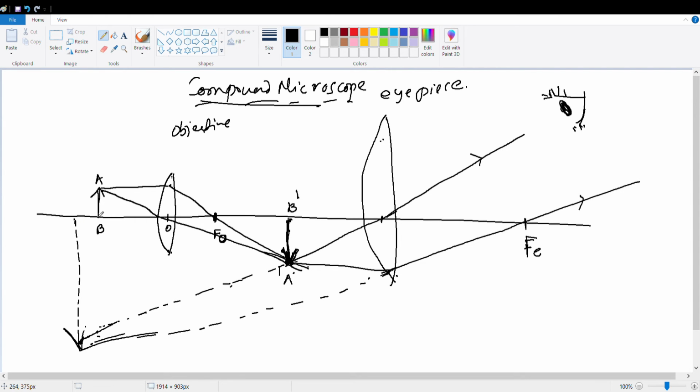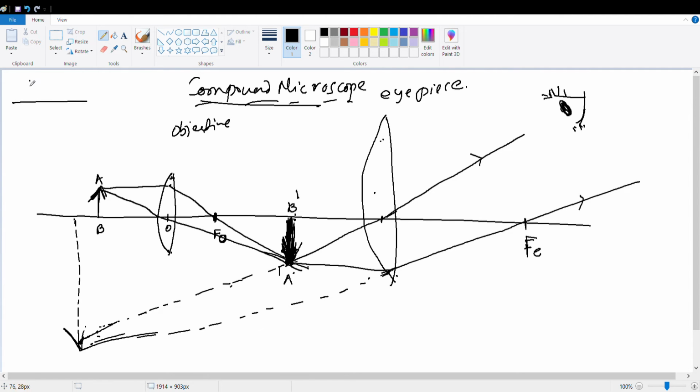So the final image. See, this is the object. So the first object is this one. For this lens, this is the image, real inverted, and this real image will act as the object for the eyepiece lens. Now if you consider this one, will this be erect or inverted? Erect only, no?